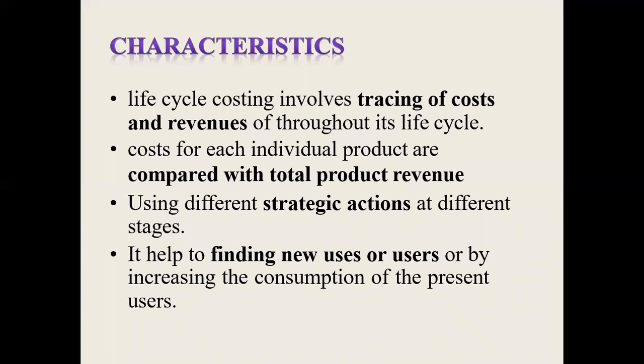Then I can use different strategic actions, strategic decisions at any stage, and due to this, new customers, new users may be added, or consumption from present users may be increased, and that will be helpful to increase my profit.